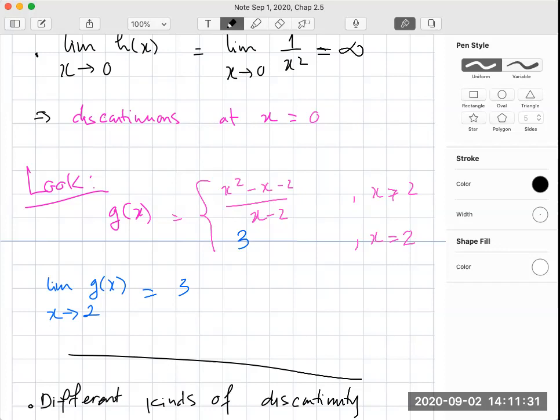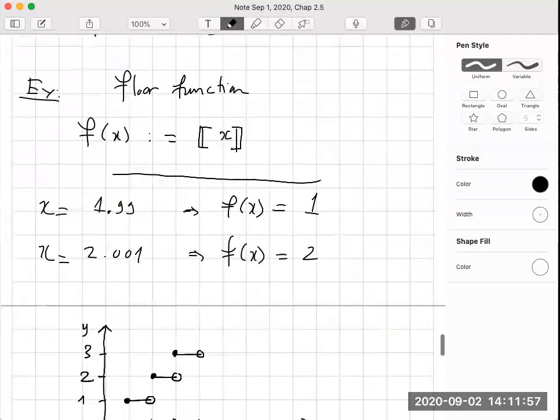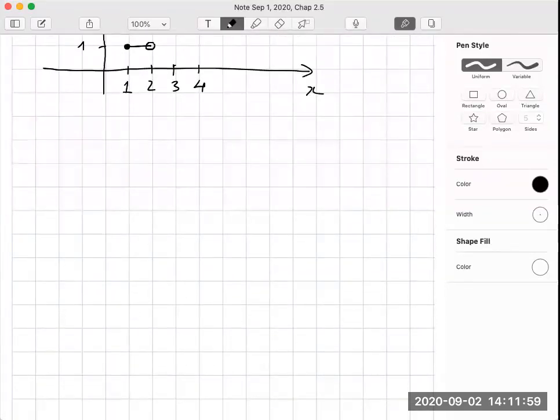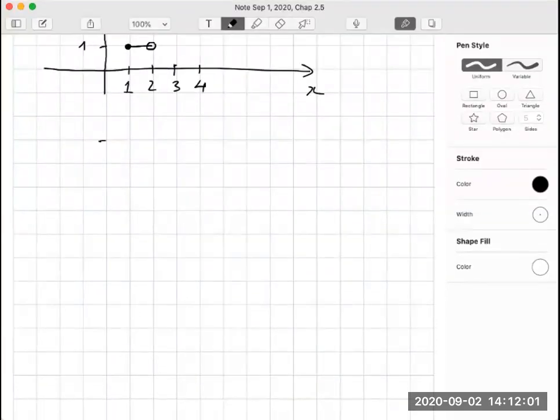And now, evaluate the function. So that is all the new concepts.